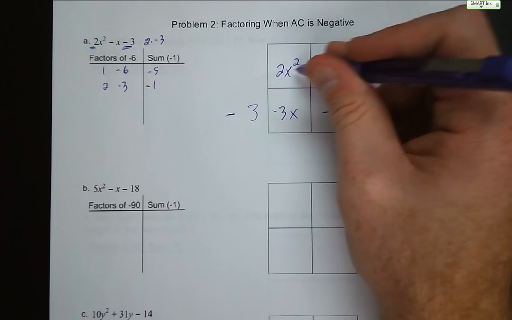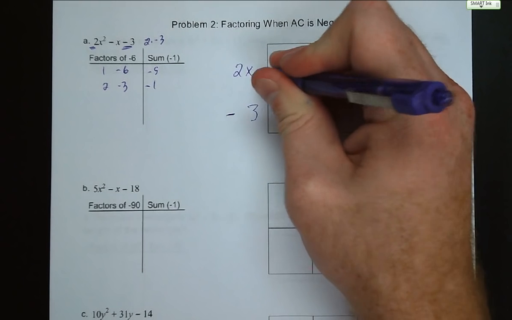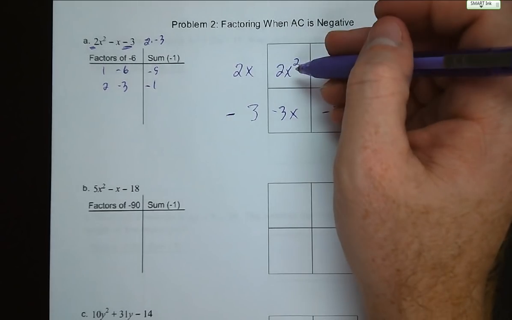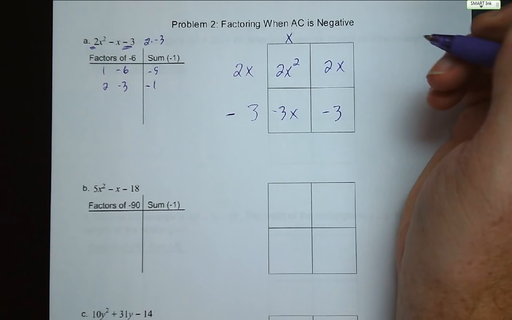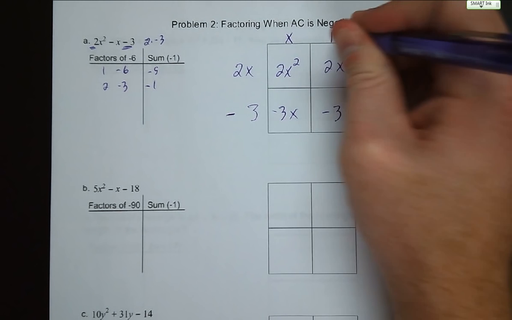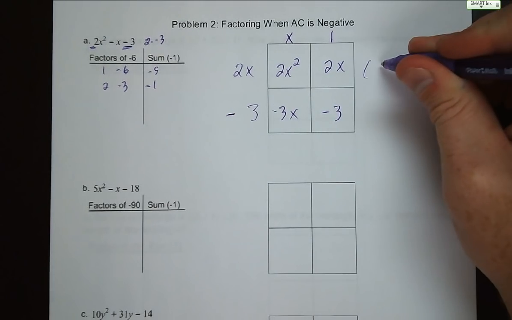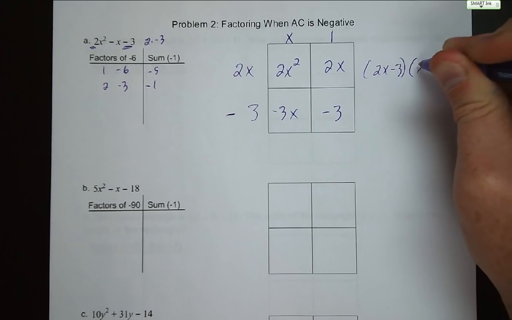Second, or top row, 2x and 2x squared, our common factor is a 2x. First column, we have 2x squared and negative 3x, so our common factor there is just an x. And 2x and negative 3, our common factor is just a 1. So our expression is 2x minus 3 and x minus 1.